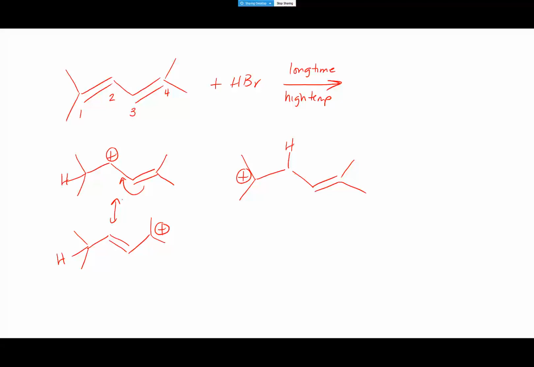So in this case, where am I going to add the H+? I'm going to add the H+ to carbon 1. Why? Because I'll always then form a carbocation that has an additional resonance structure. So is that in the definition? That is going to always be the more stable intermediate. So we're going to add the H+ to give us the more stable intermediate.